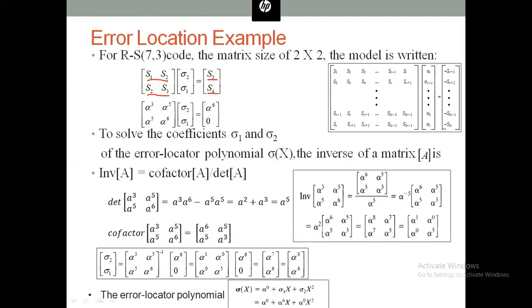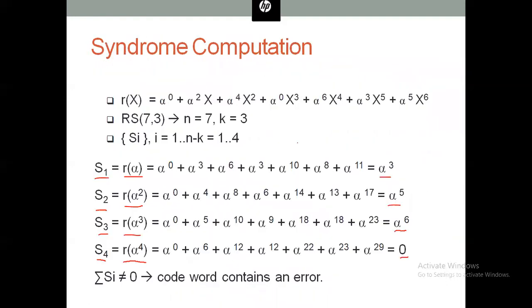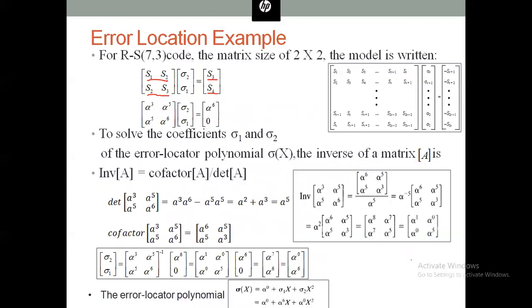So we have calculated the value of the syndromes here. So here the S1 value is alpha 3, S2 value is alpha 5, S3 value is alpha 6, and S4 value is 0. So we calculate these syndromes and we put these values here.